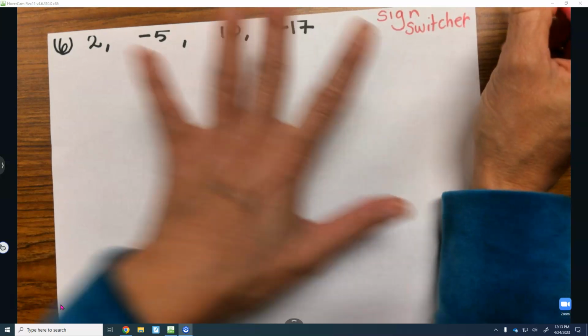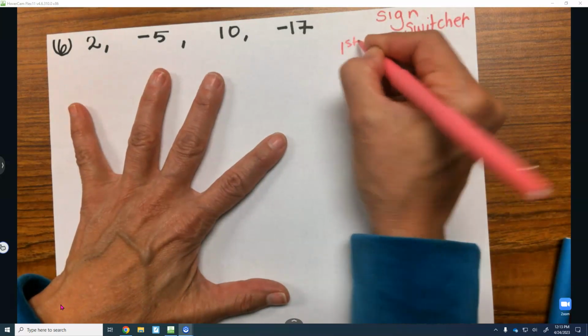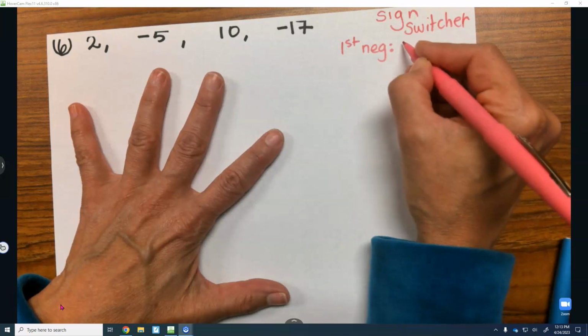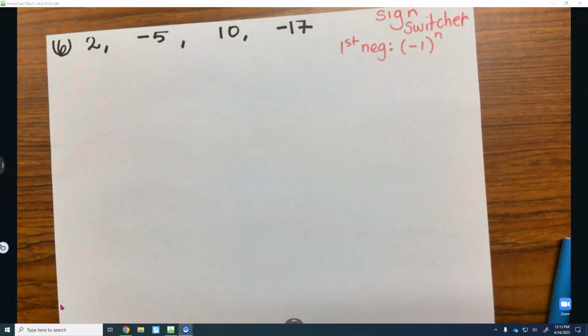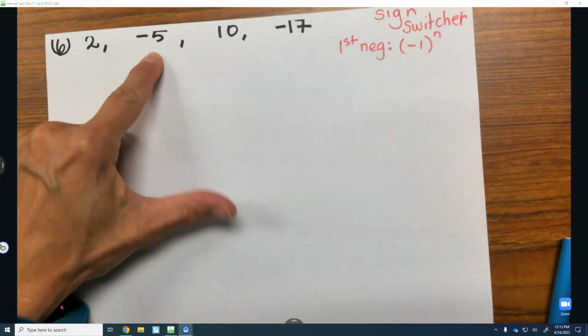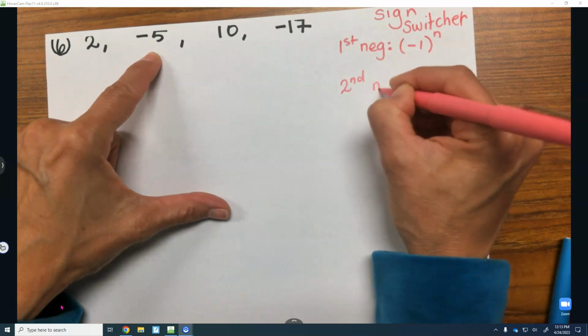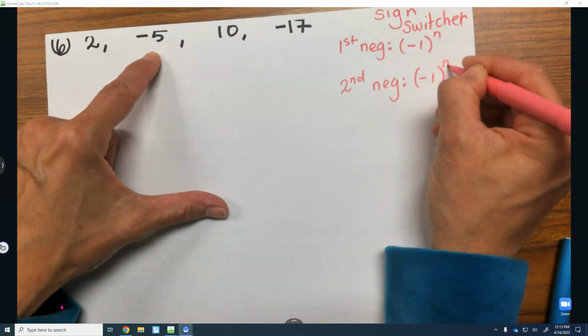And here's how this works. When they alternate signs, if the first term is negative, then we're going to put a negative 1 raised to the n power right before our rule. But that's not what this is. The second number is negative. If the second number is negative, we're going to do negative 1 raised to the n plus 1.